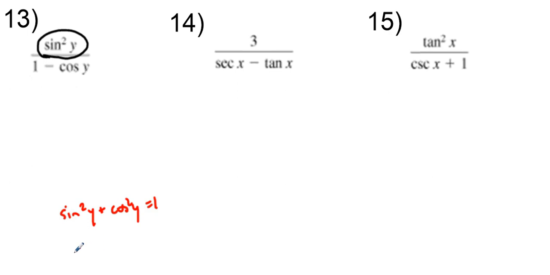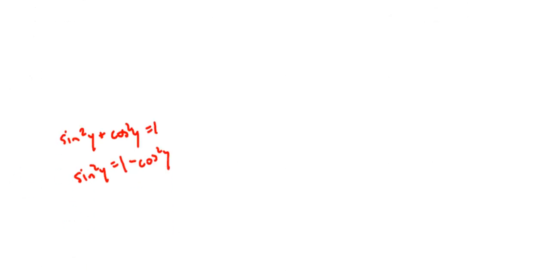And if I have sine squared y, I know that is going to equal 1 minus cosine squared y. Another thing, if you didn't know, is that this is a difference of squares. So we can take 1 minus cosine of y times 1 plus cosine of y.